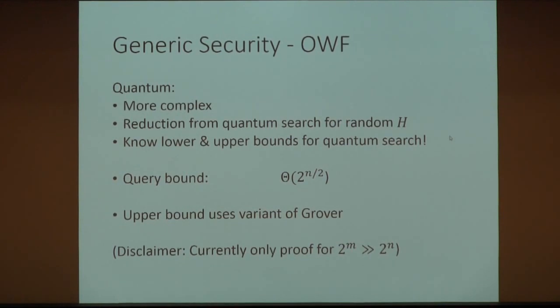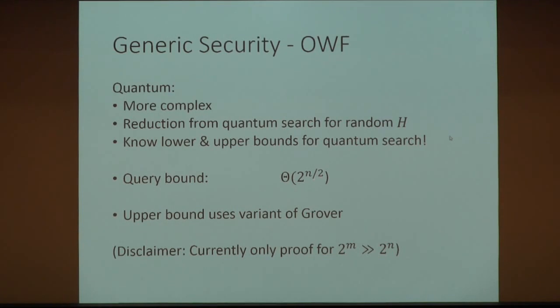So the quantum case is a bit more complex. We got a paper at PKC where we analyzed this in detail. What we did is a reduction from quantum search for some random function. And the nice thing is that we know lower and upper bounds for quantum search. So by getting this reduction, we immediately get a lower bound on the query complexity.